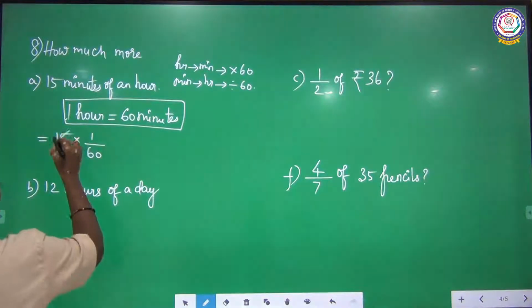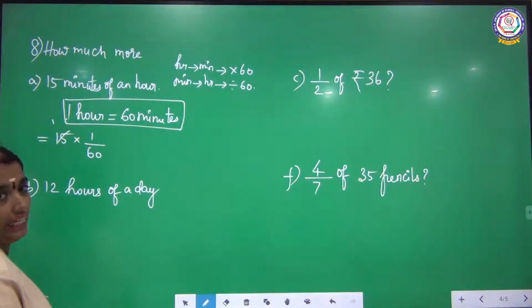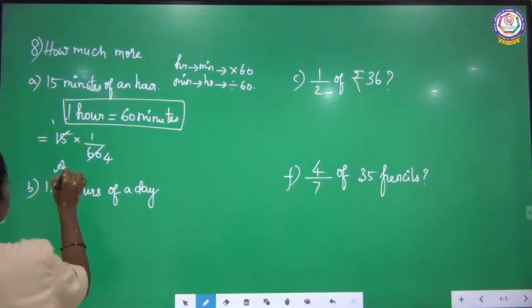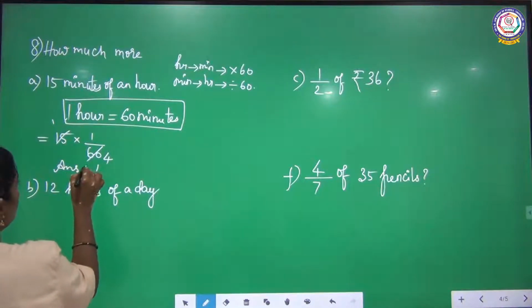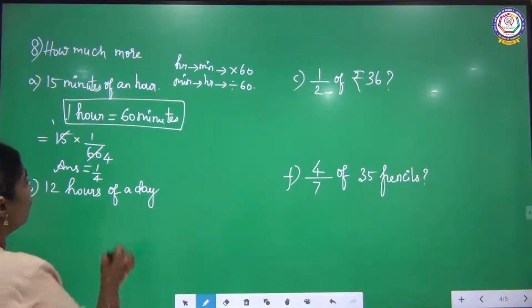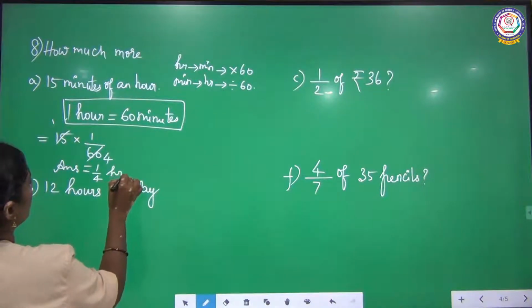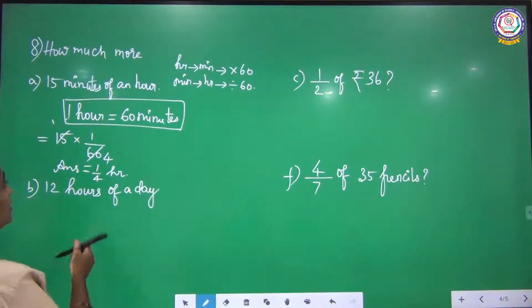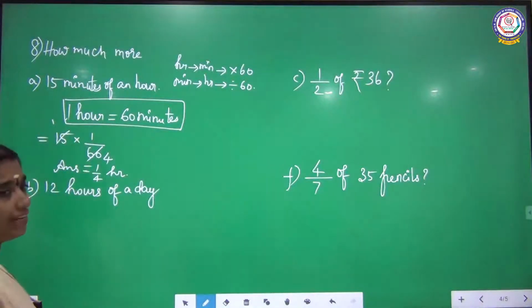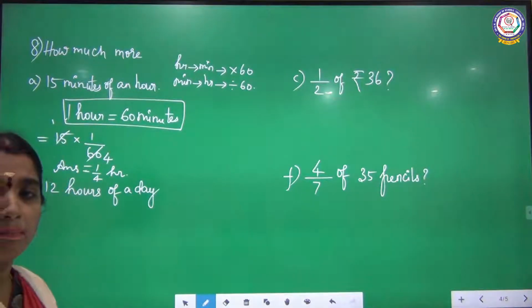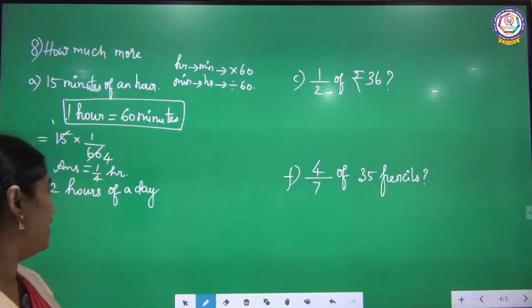So listen, 15 ones are 15. 15 fours are 60. So my answer is what? 1 by 4 hour. Okay. Write the unit. So I am converting: 15 minutes of an hour is equal to 1 by 4 hour.